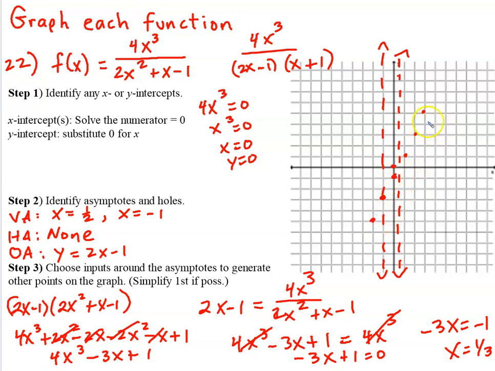And just draw a dotted line to represent that oblique asymptote. Not real straight, but I guess it'll do. And now let's see what our graph looks like. We'll start doing some inputs. I'm going to erase my work down here and put up a little table.